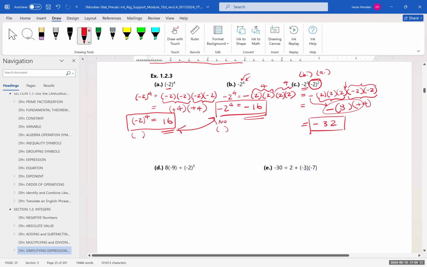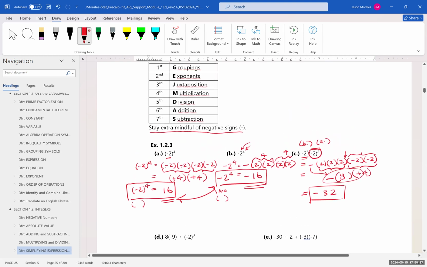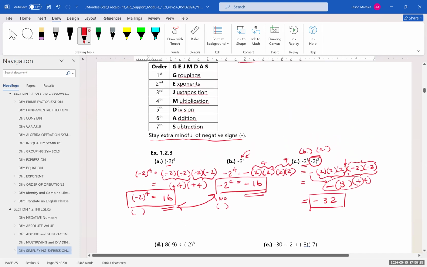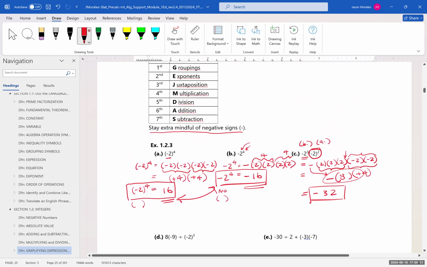Okay, now let's look at this next one. So this next one, GEJMDAS is going to come into play a little bit more, because we have exponents and we have division. And we've got implied multiplication here.